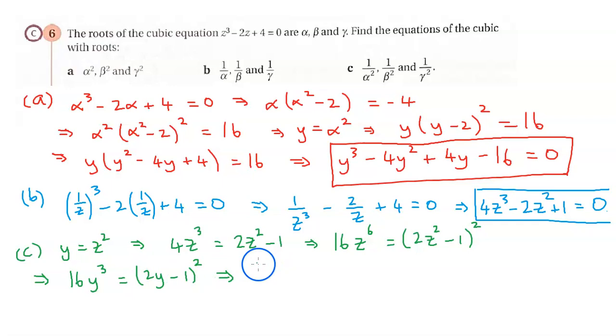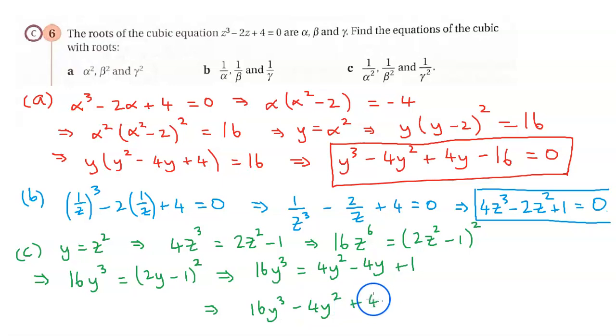And so we get 16y cubed is equal to 4y squared minus 4y plus 1. And finally 16y cubed minus 4y squared plus 4y minus 1 equals 0. And so that's our answer to part C.